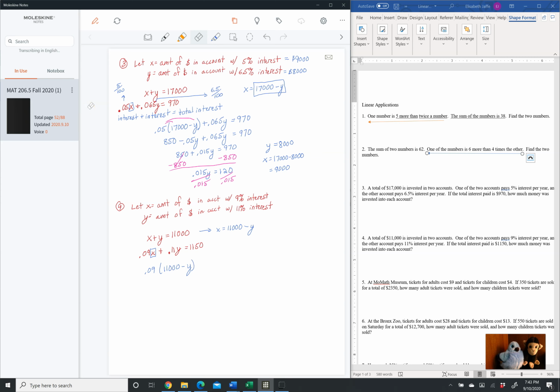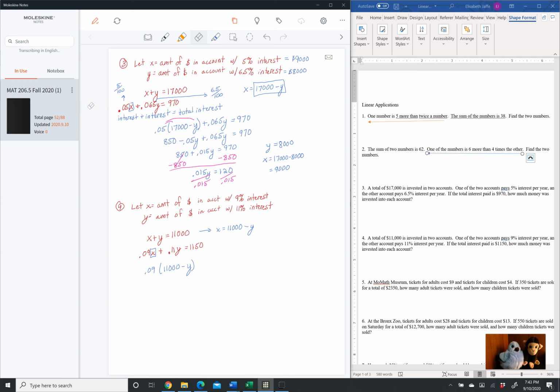From here, once we substitute, this is just our basic solving, right? Get rid of parentheses first. So 0.09 times 11,000 gives us 990.